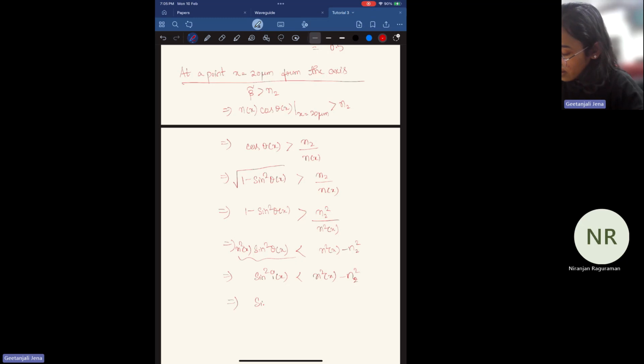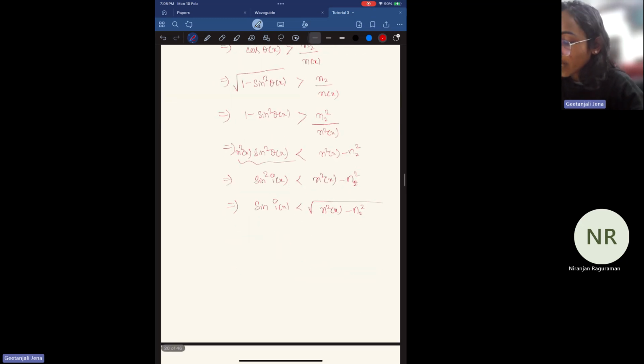So sine Ix would be the square root of nx square minus n2 square. So here you can see at a non-axial point, let us say a point here, the numerical aperture depends on the refractive index. So n1 gets substituted by nx. Instead of n1, we have nx here. So na is now sine of I max.